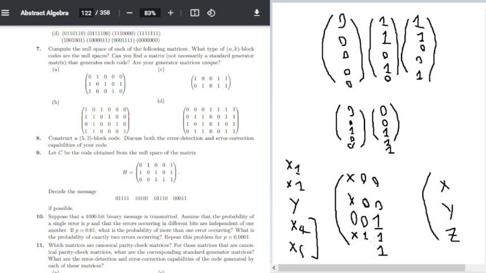Check. Yeah, it looks like we won't be able to find a matrix that generates this code. Well, let me triple check.